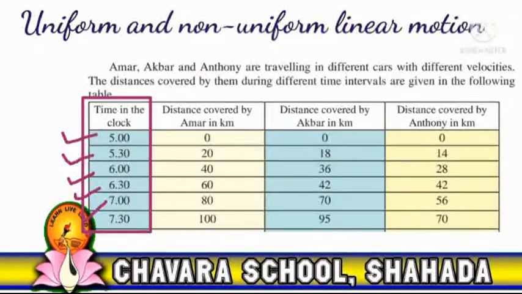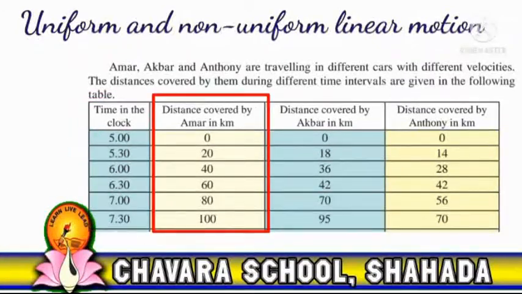5 o'clock, 5:30, 6 o'clock, 6:30, 7 o'clock and 7:30. Here we observe distance covered by Amar is 0 kilometers, 20 kilometers, 40 kilometers, 60 kilometers, 80 kilometers and 100 kilometers at the last.